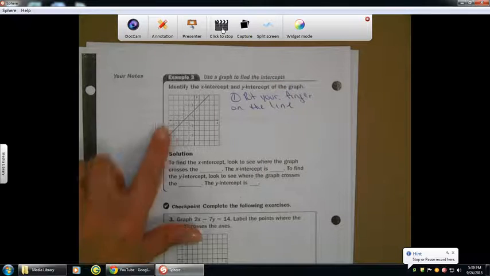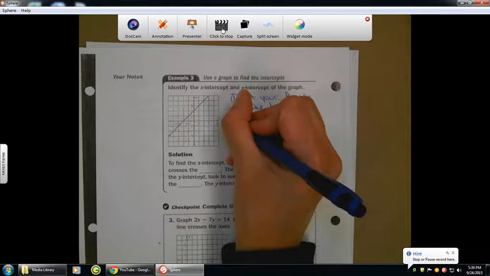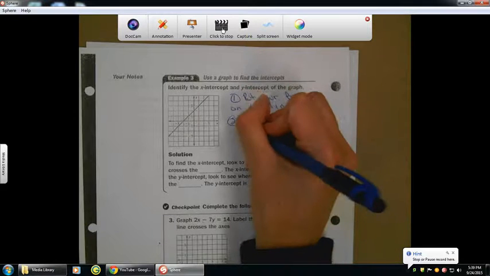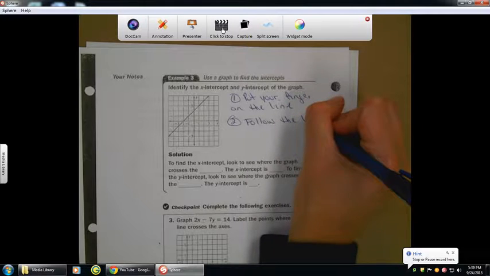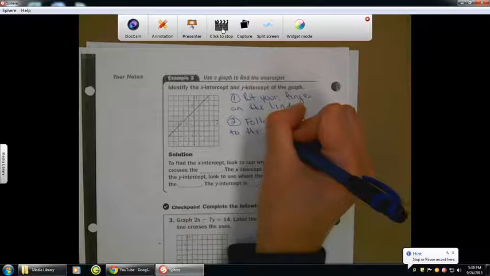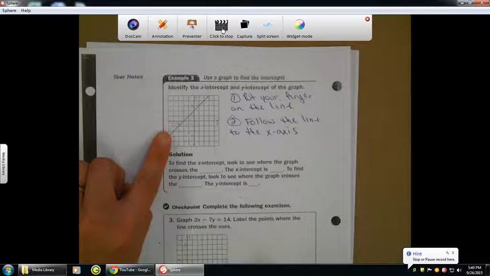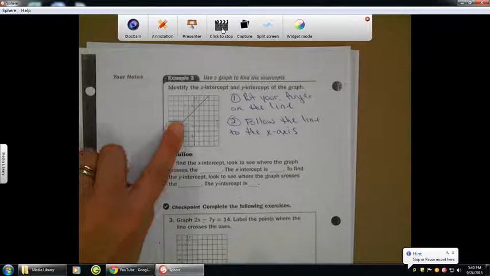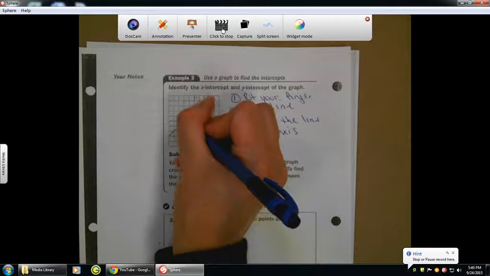You're going to put your finger anywhere on this line and follow the line to the x-axis. So my finger's on the line, and I am following it until it hits the x-axis. At the point that it hits the x-axis, this is your x-intercept.